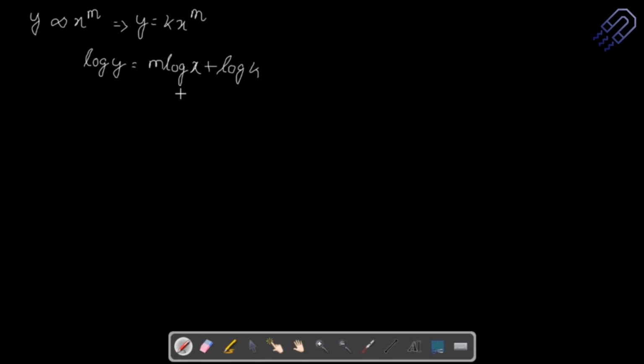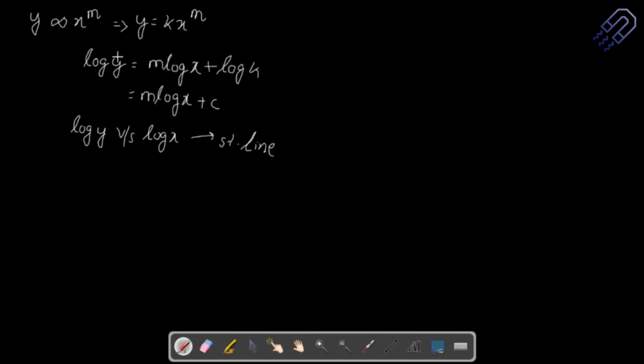So we can plot the graph and simply write it down as m log of x plus c. This c will represent the intercept, right? I'm not just showing it in the graph, but if we plot a graph here, log y versus log x, we are going to get a straight line.